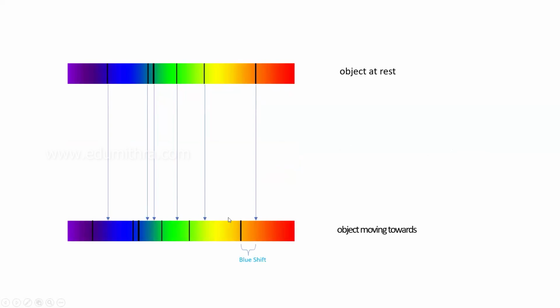So that is why we have two kinds of shift. In the Doppler effect in sound, there is a shift in pitch because of the movement of the sound source, and in the case of light, there is a change in color, the blue shift and red shift, because of the movement of the object.